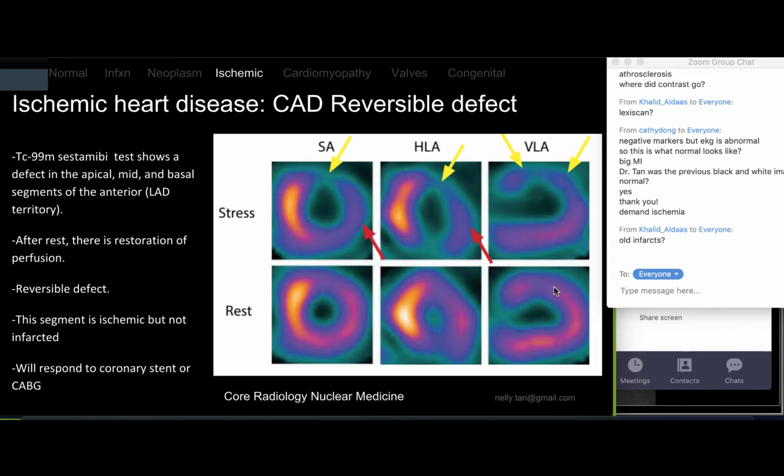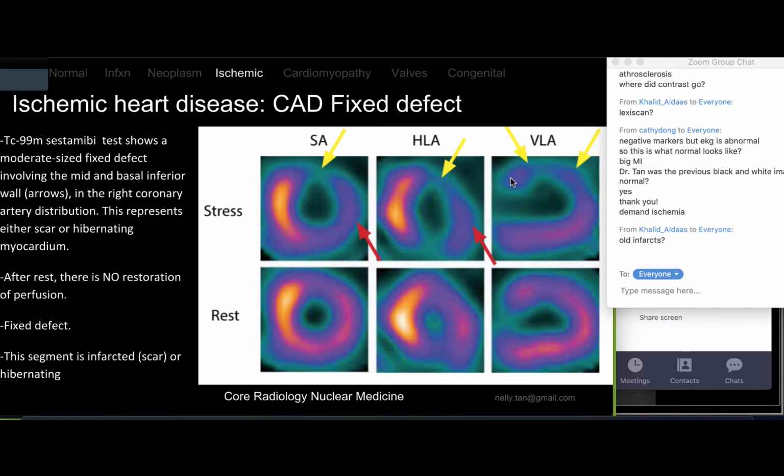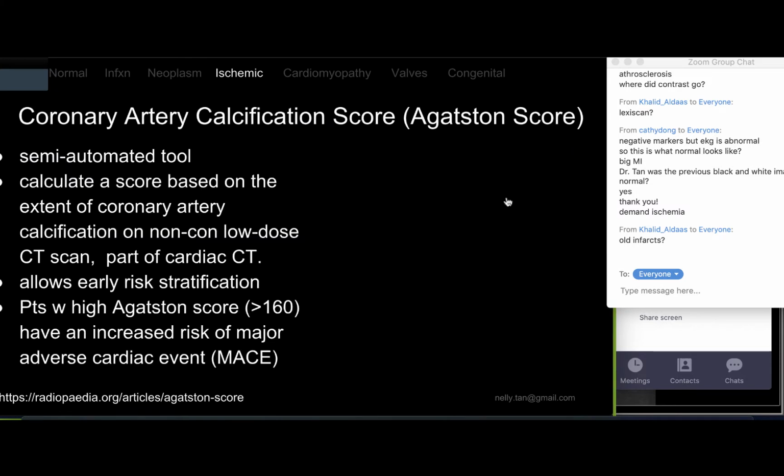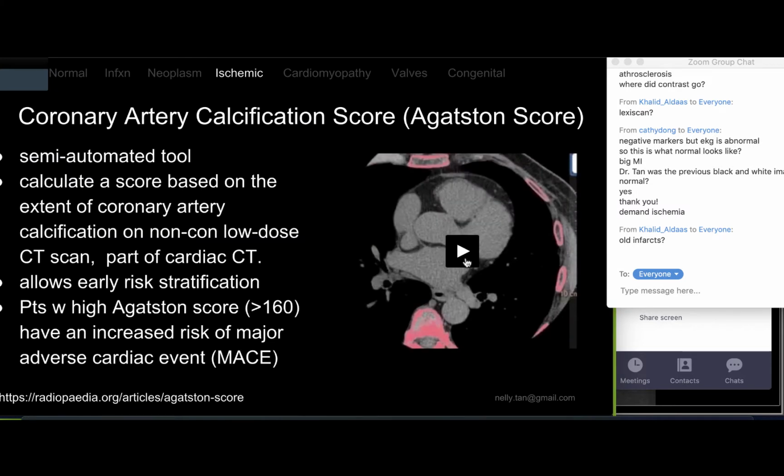So you can find that information out. And also the severity of it. So if you have ischemia like this, you assess the severity. If it's more than 50% of the myocardium, then it's less likely to respond versus less than 50% of the myocardium. So you can risk stratify patients.